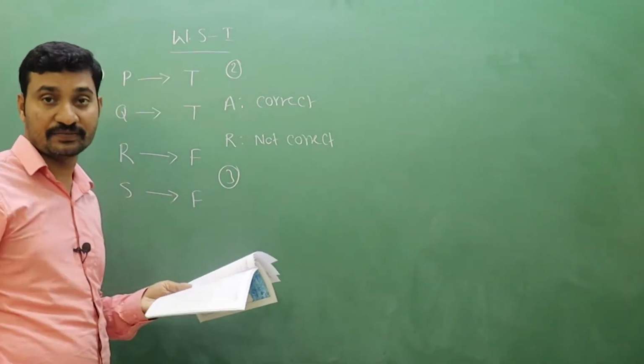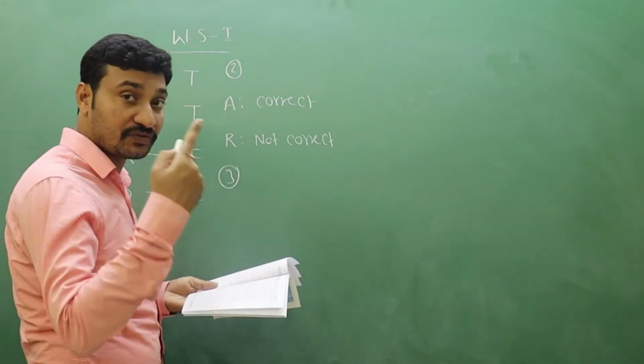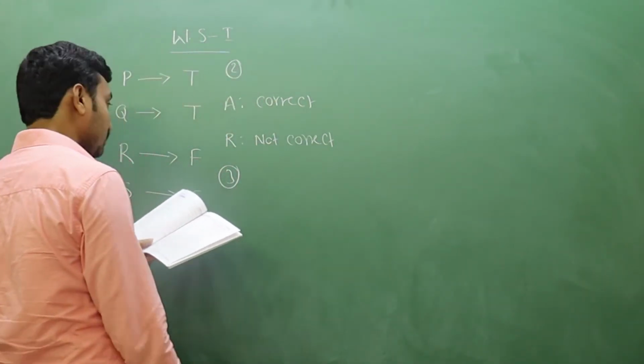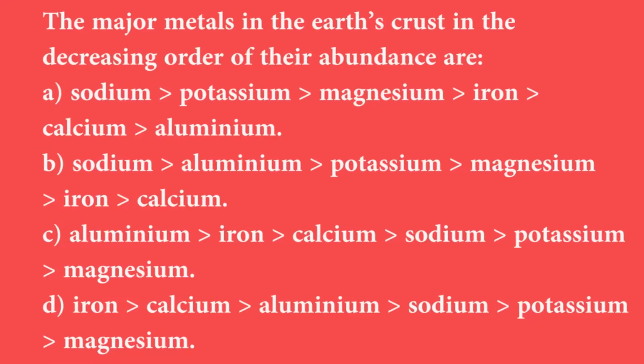So the third option, option C, is the right answer. Some metal abundance percentages we should memorize. This is the order: aluminium, iron, calcium, sodium, potassium, magnesium.